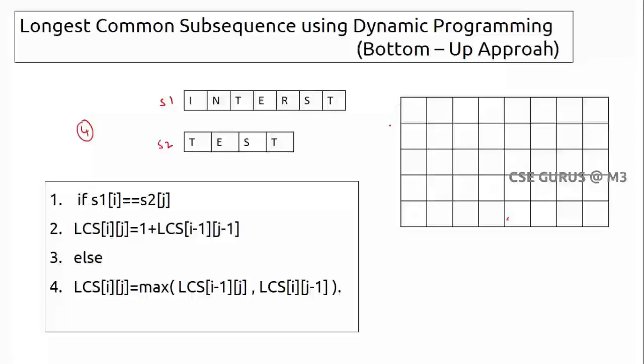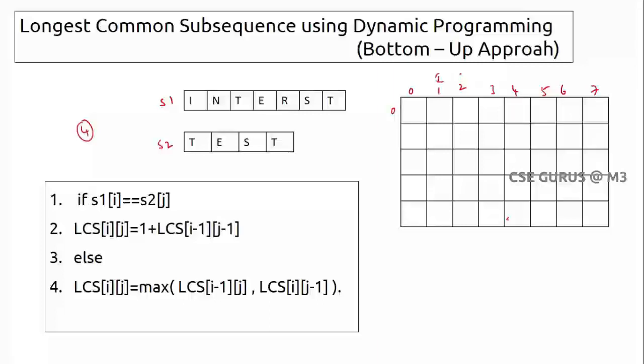I have taken a table. Here I need to take each and every character. Of course, we take the index from 0 and 0. I have taken a 0 here because we are not supposed to take the null character, but we include it for better understanding.